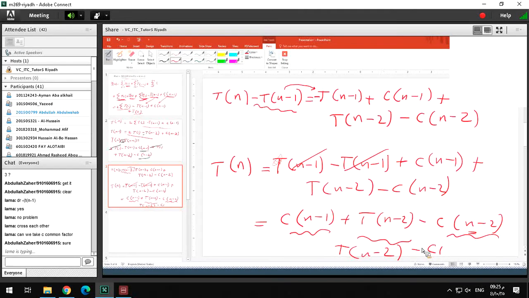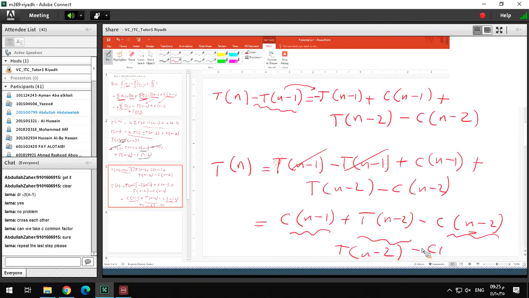Is it clear? C is just a constant. Lama, C is just a constant.